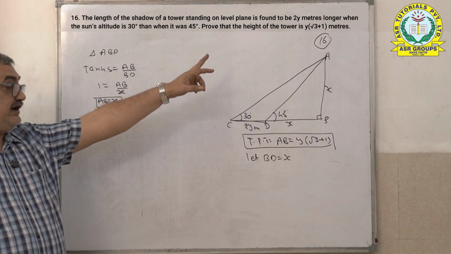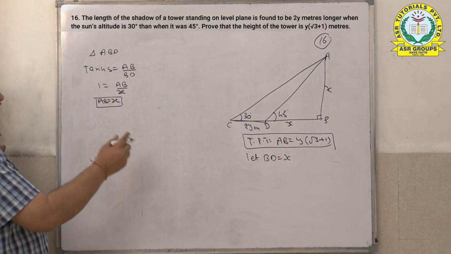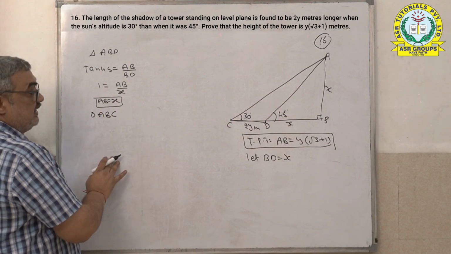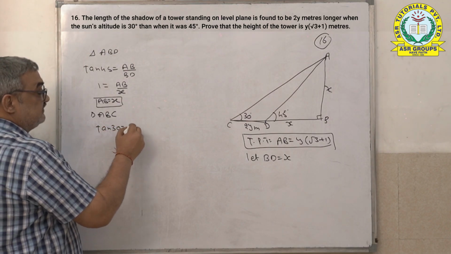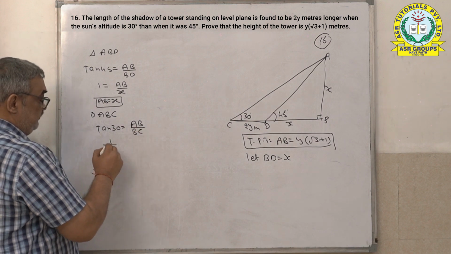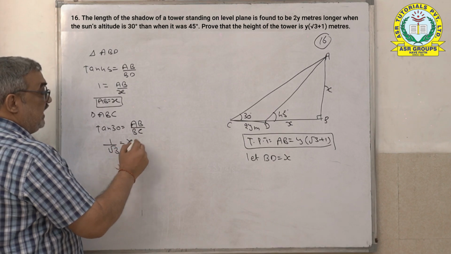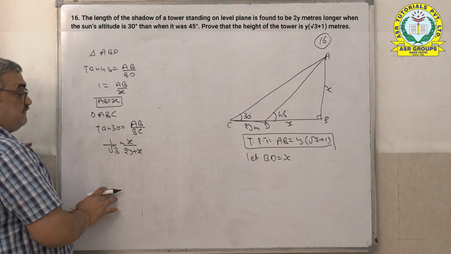Now we'll take triangle ABC, the larger one. In triangle ABC, tan 30 is AB upon BC, 1 by root 3, and BC is 2y plus x.